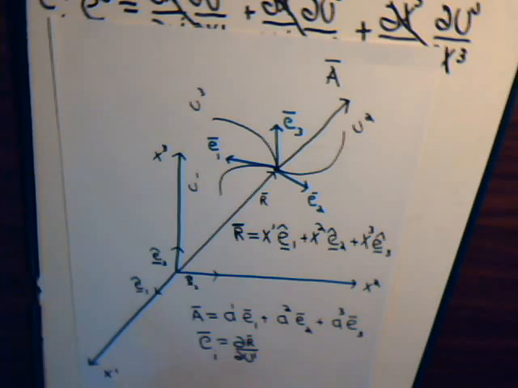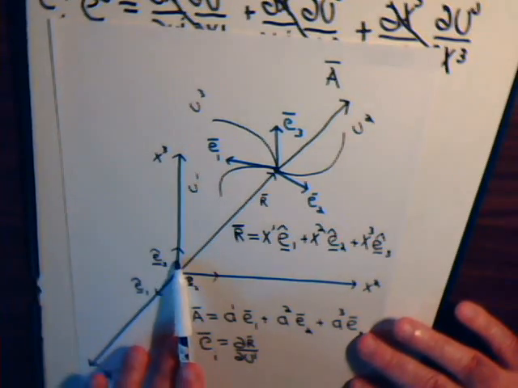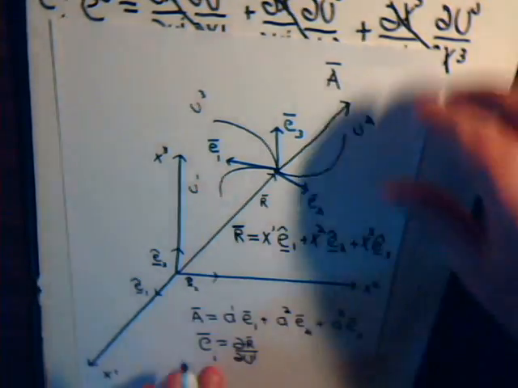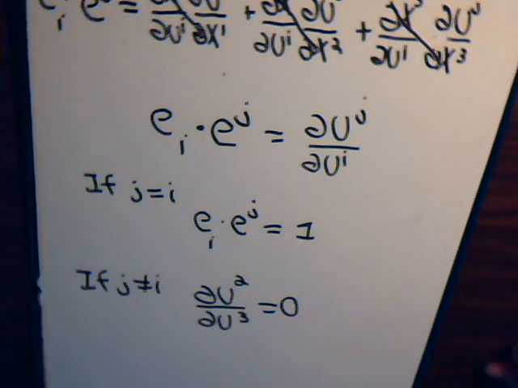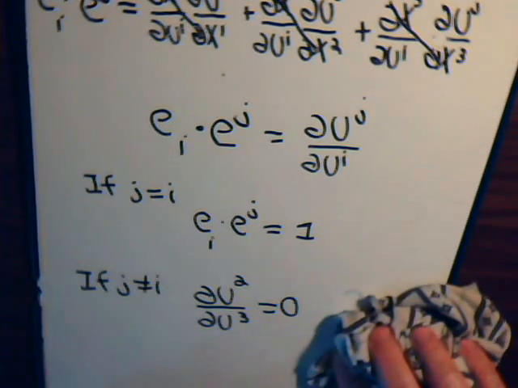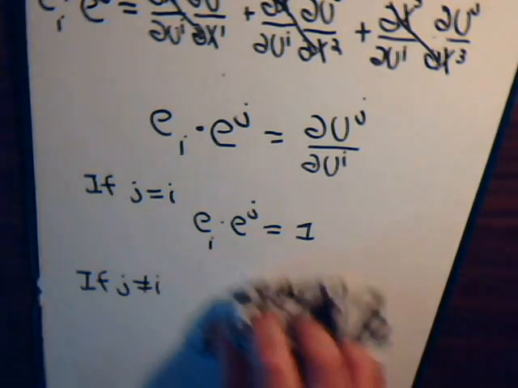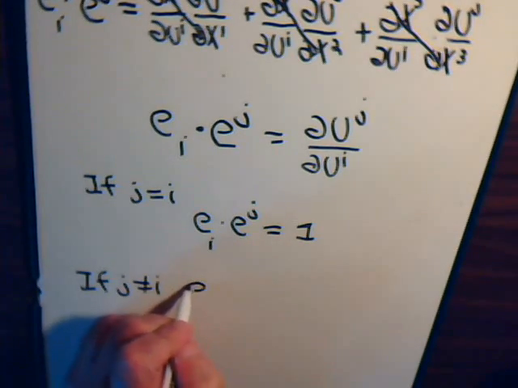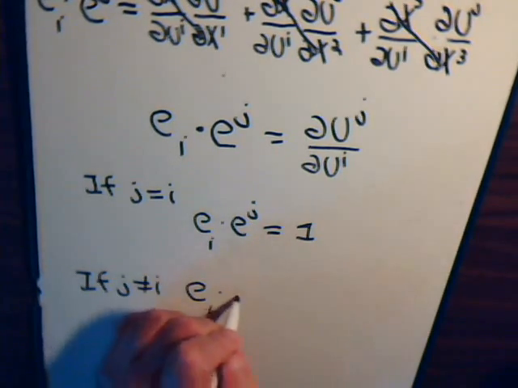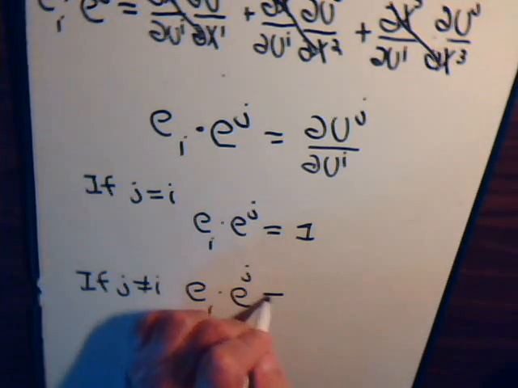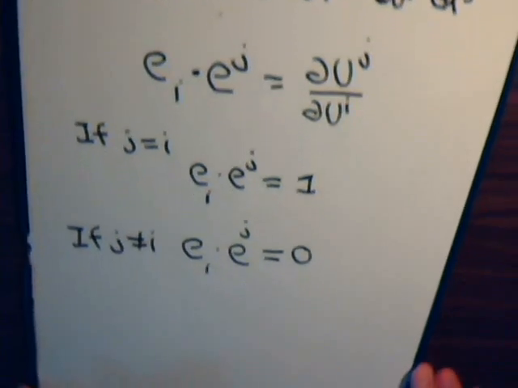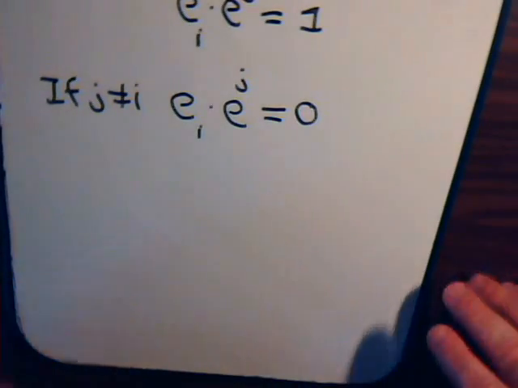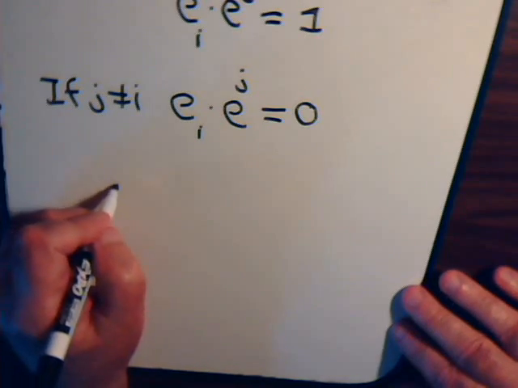There is no equation that does that. These are all independent axes, and the same thing for these. So this equals 0. So here then, if j does not equal i, then e_i dot e^j equals 0.